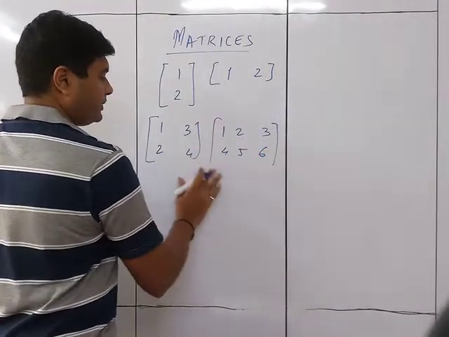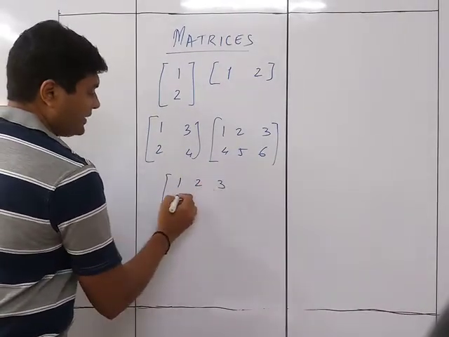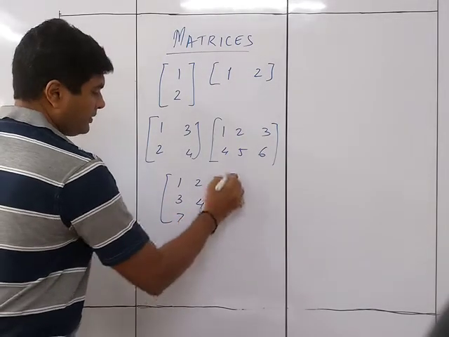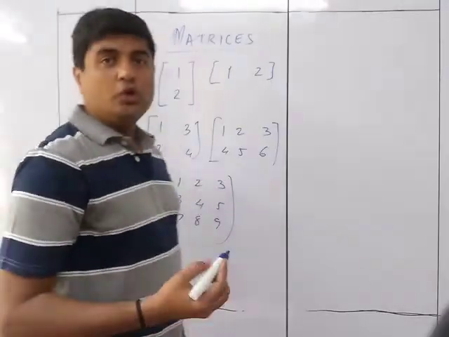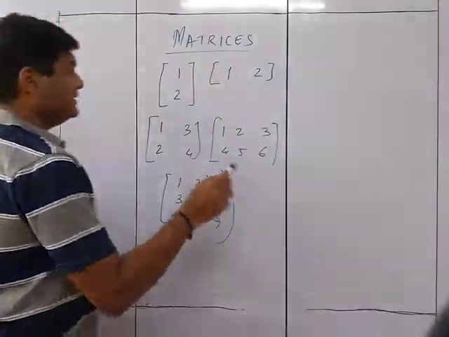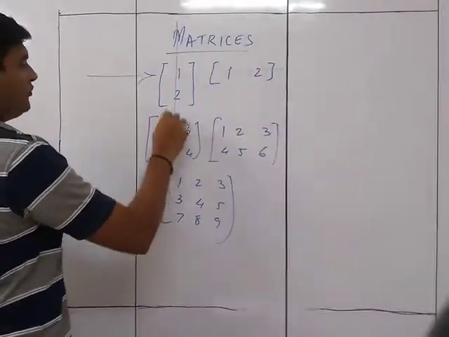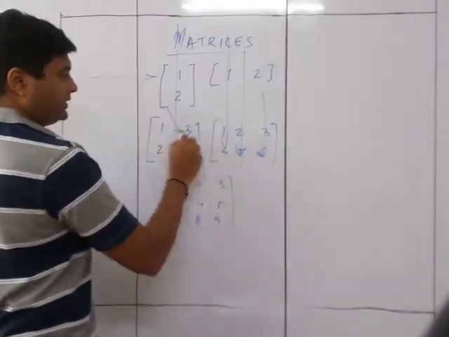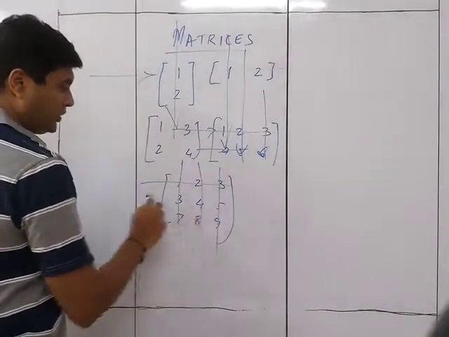It could be even greater than this, anything. In each and every case you are writing the numbers in the form of rows or columns. You can see there are 2 rows and 3 columns over here, and 3 rows and 3 columns over here.